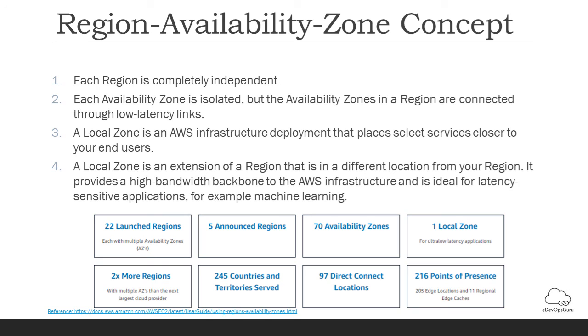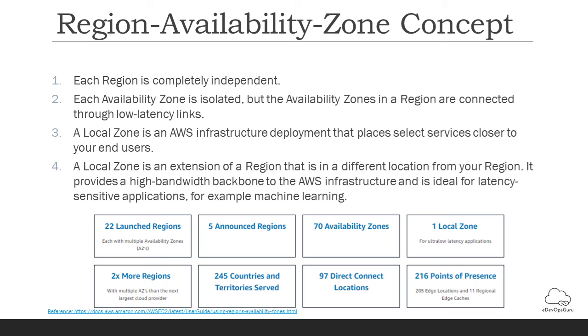Each region has multiple availability zones, which consist of one or more discrete data centers, each with redundant power, networking, and connectivity housed in separate facilities. Availability zones do not significantly provide additional scalability or redundancy within a region, since they are intentionally isolated from each other to prevent outage from spreading between the zones.